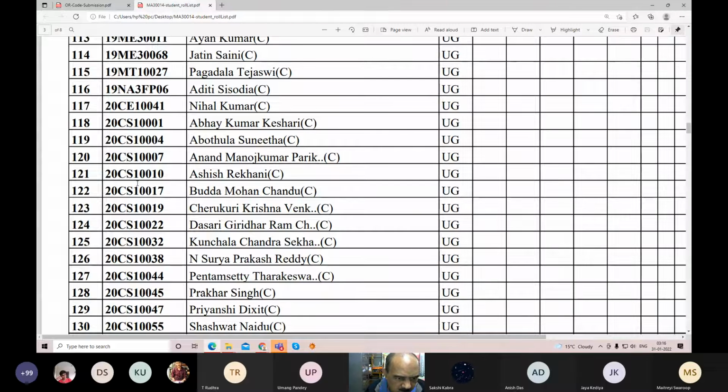This is 121 Ashish Rekhani, 122 Buddha Mohan, 123 Krishna Venkat, 124 Giridhar, 125 Chandrasekhar. 125 is the group leader, and who are there? Tell me. 121 is there. 122 is there. 123. 124.